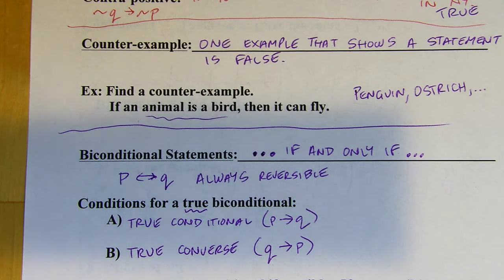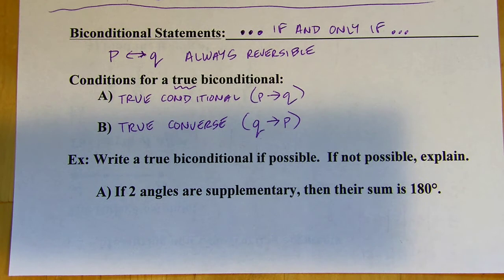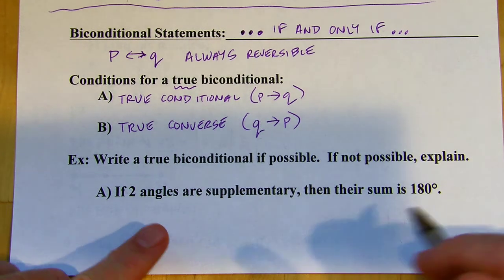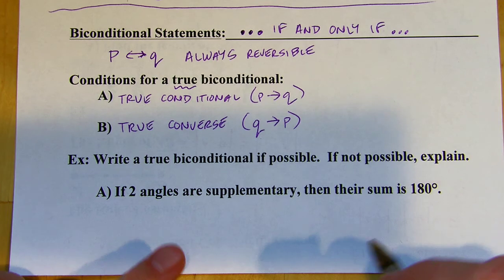Okay, so I'll show you what I mean here. So we're going to write a true biconditional if possible. So I could take any phrase and write it as an if and only if statement, but I want to see if it actually would work, if it would be true.